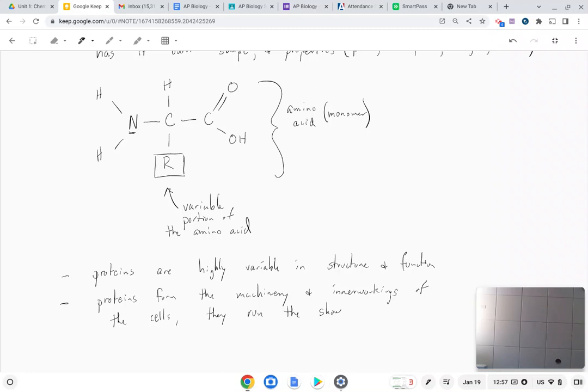I could do notes on the primary, secondary, tertiary, quaternary, but I don't think it's necessary. Not because it's not important. It's extremely important. I'm just telling you right now, you will most likely get a free response question on the test about the 4 levels of protein structure. Take it as a clue here. And the reason I do that is because the chances are pretty high that on the AP test there's going to be questions about the 4 levels of protein structure.